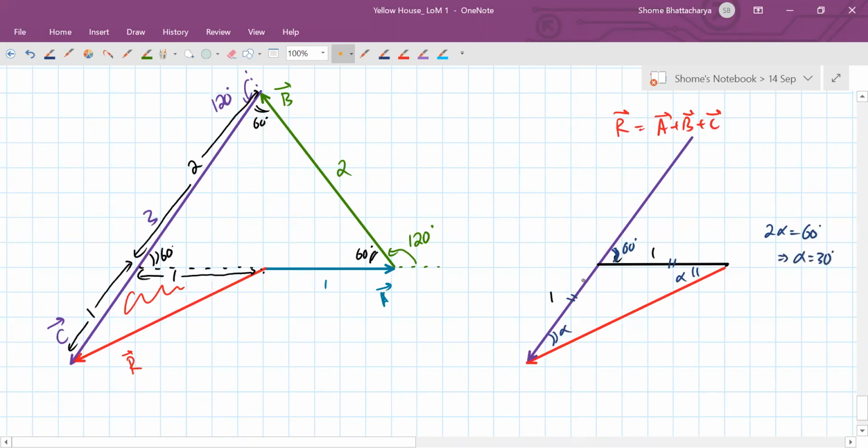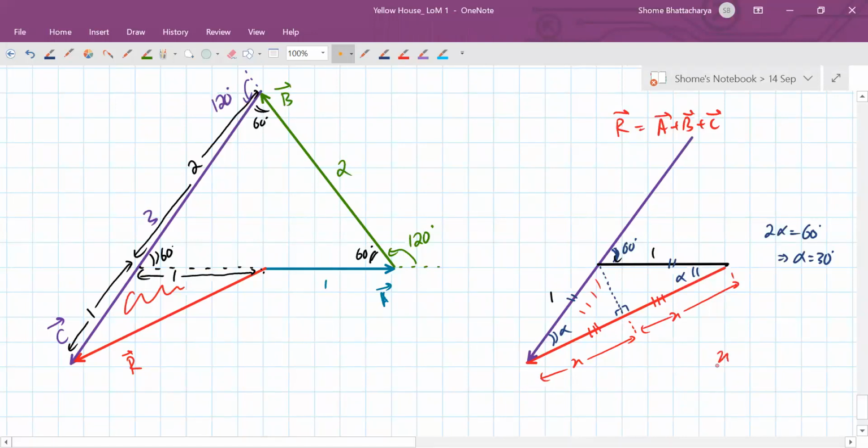And if alpha is 30 degrees, now you drop this perpendicular here, it will bisect this. So if this is x, then this is also x. Now look at the trigonometry of any one of these two triangles.